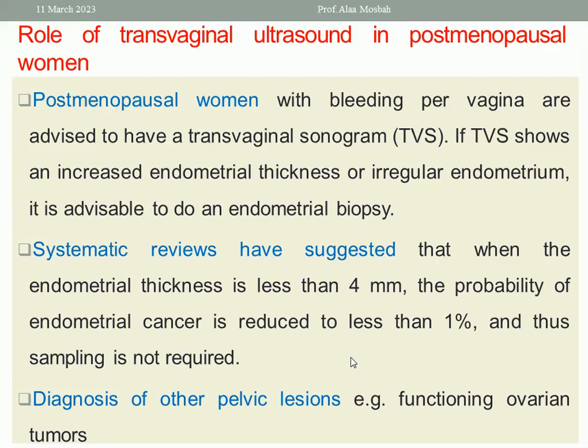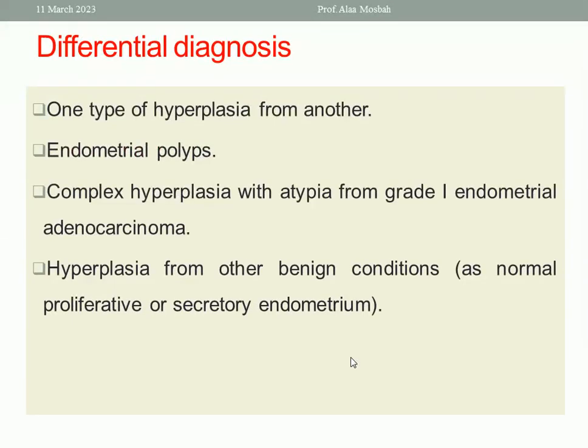So, you should reassure your patient when you see endometrial thickness less than 4 millimeter. Also, ultrasound is important to detect any other pelvic pathology, as I mentioned before, for a functioning ovarian tumor, for example, or associated uterine lesion. What is the differential diagnosis for endometrial hyperplasia?